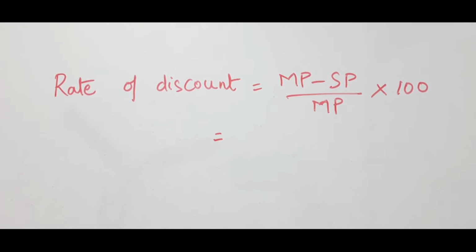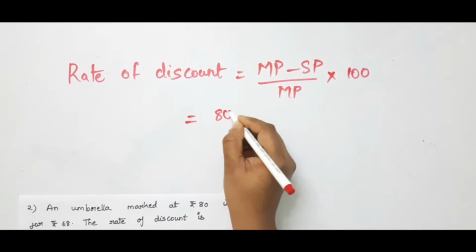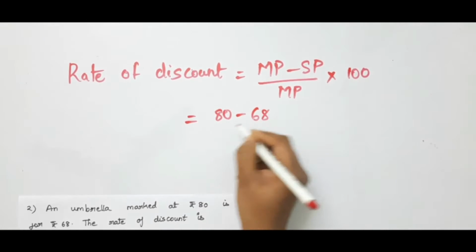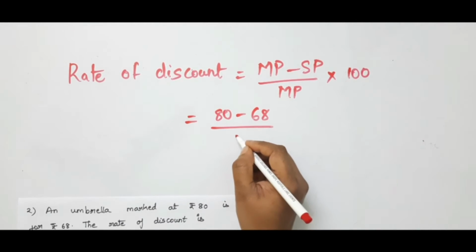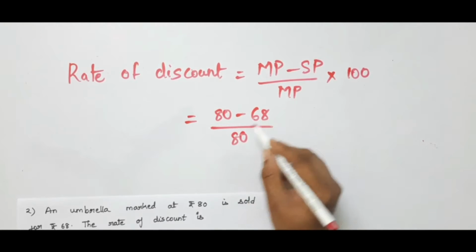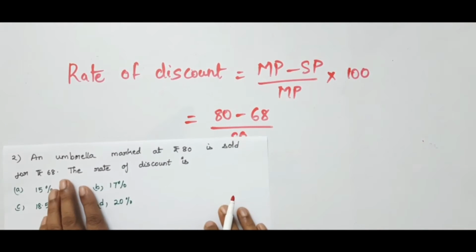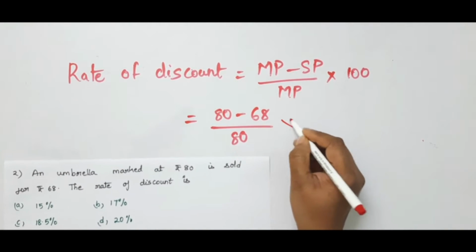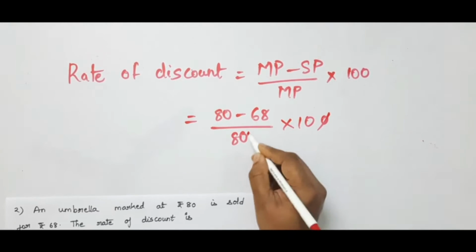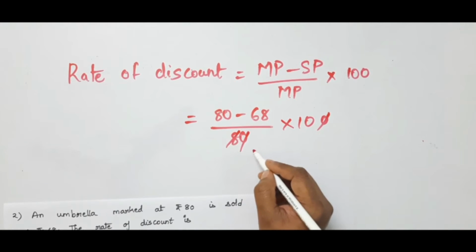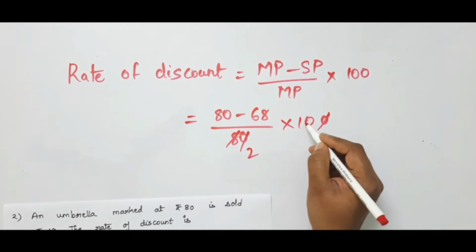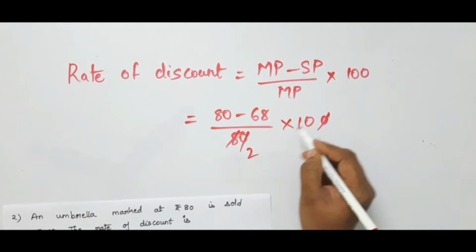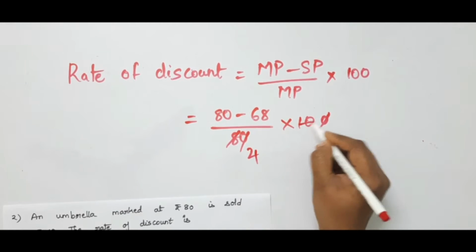This is equal to, what is the market price? 80 minus 68 by, what is the market price here again? 80. Here selling price is 68, is it not? So into 100. The 0s cancel, and it is 4 twos, and 2 fours and 2 fives.